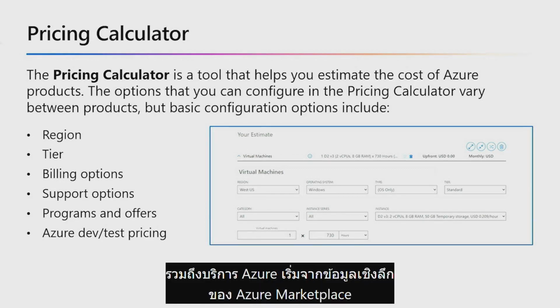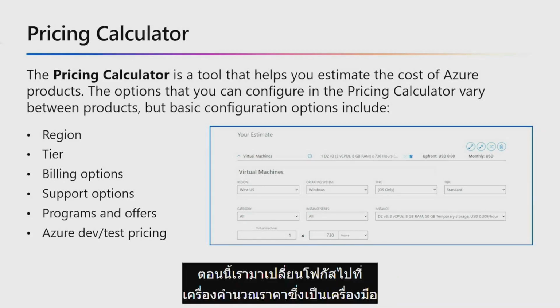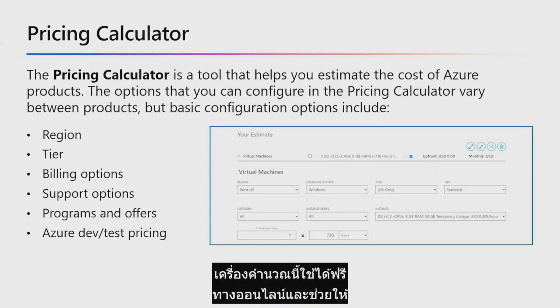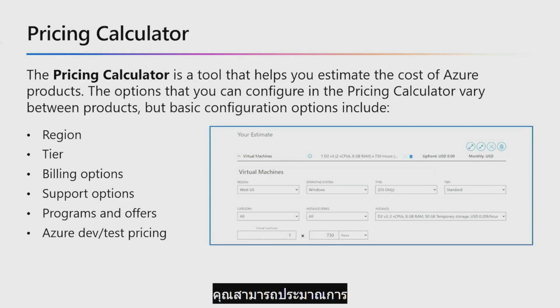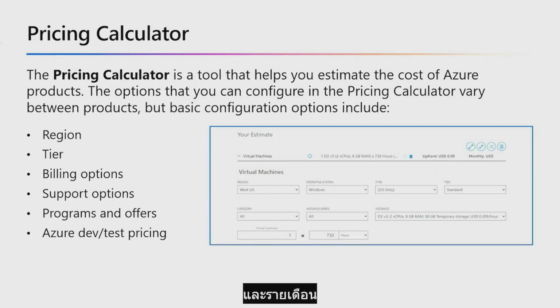Emerging from the Azure Marketplace insights, let's now turn our focus to the pricing calculator, an available tool for comprehending potential Azure expenditures. This calculator is freely available online and allows you to estimate the approximate hourly and monthly cost of using Azure.